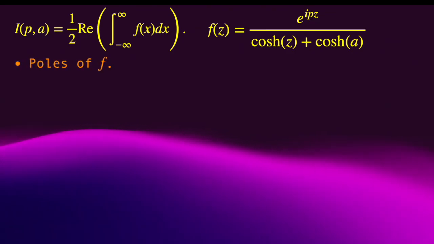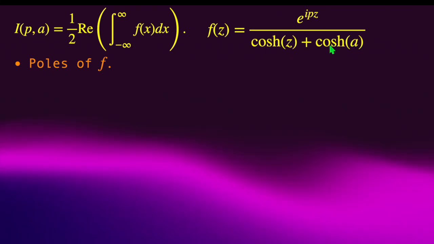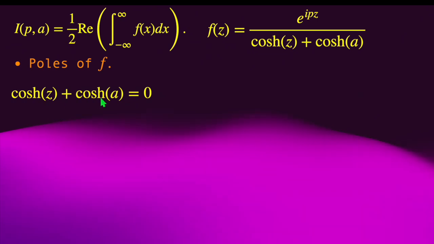First, the poles of f. The poles of f are the values of z which annihilate this quantity. So we must solve this equation: cosh z plus cosh a equal to 0.